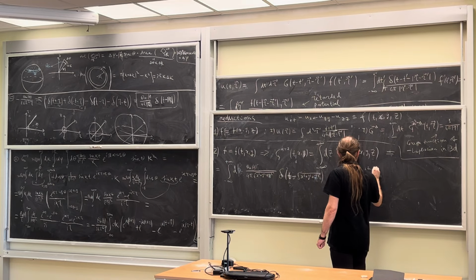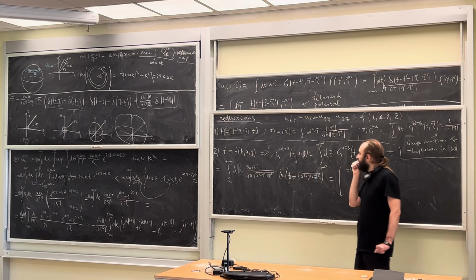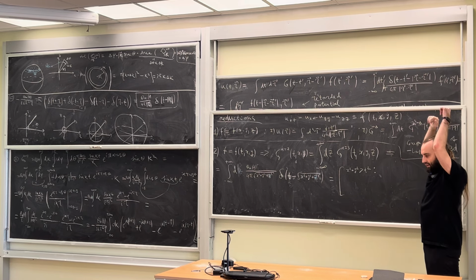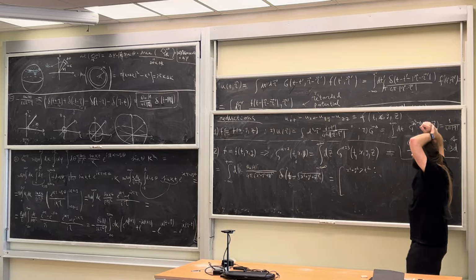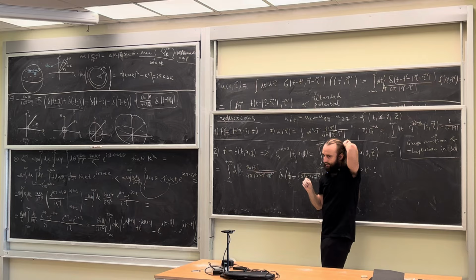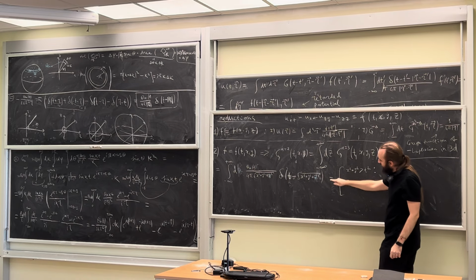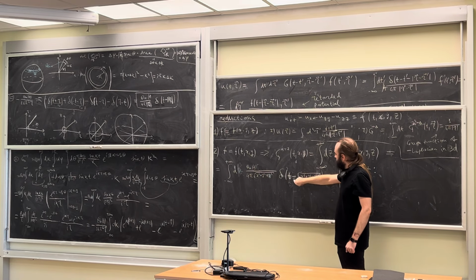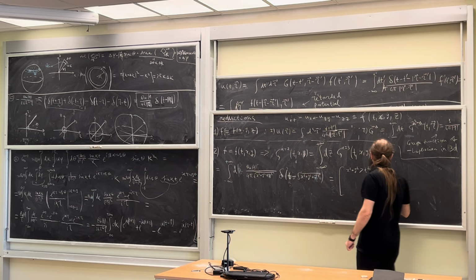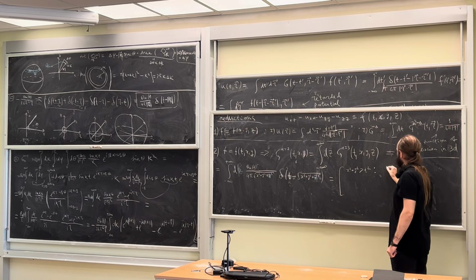Then what can we say about this integral? Yes, because the argument of the delta function never vanishes. This square root is always greater than t. So we have 0 in this case.